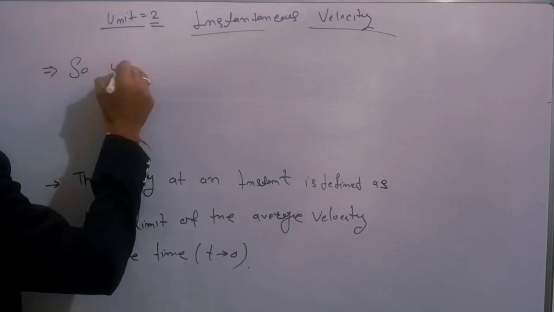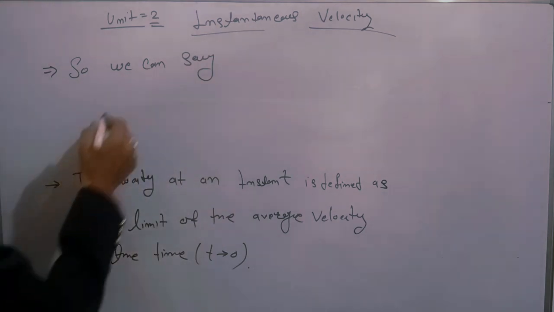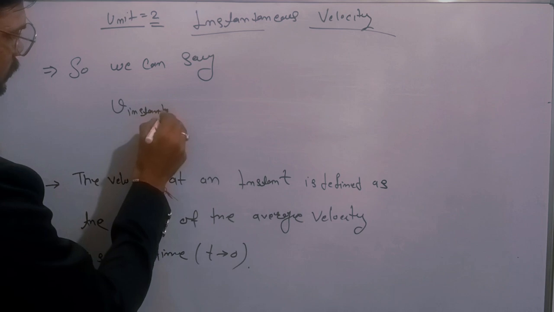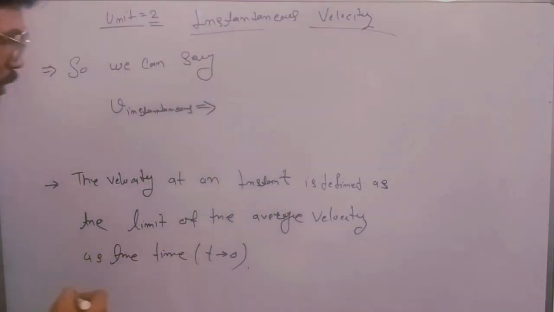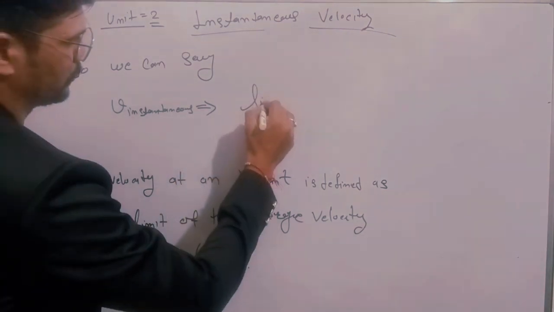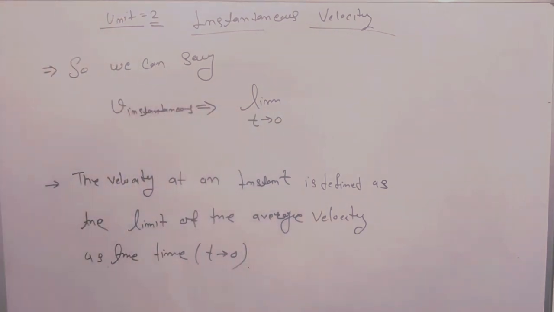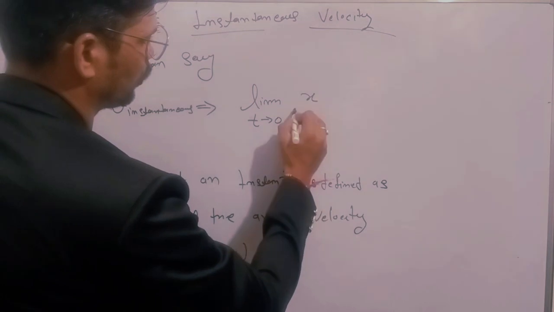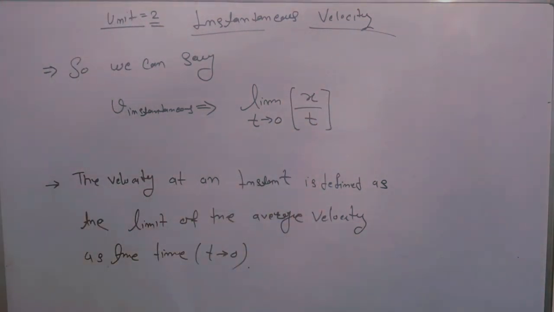So we can say the velocity at an instant point, instantaneous velocity, is equal to limit t tends to 0 of x upon t, because x upon t is the average velocity.